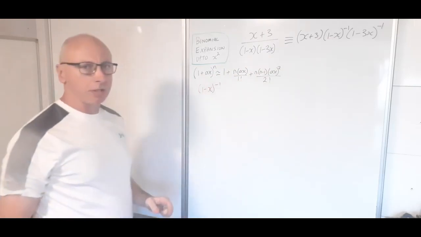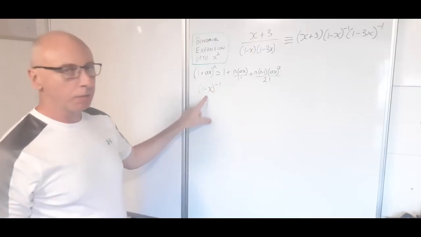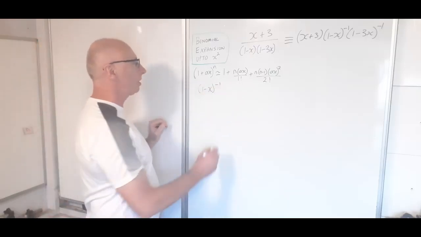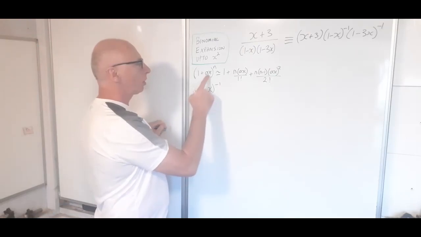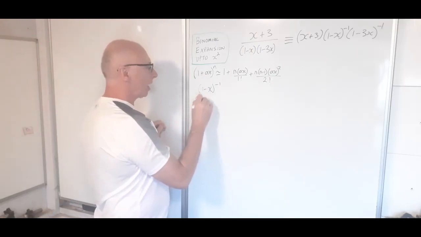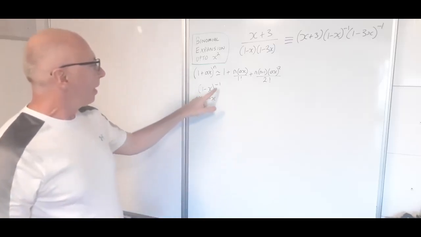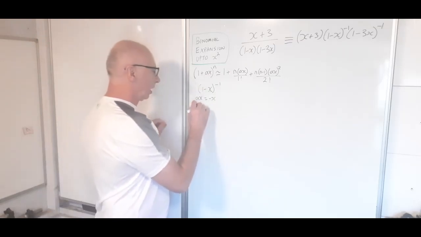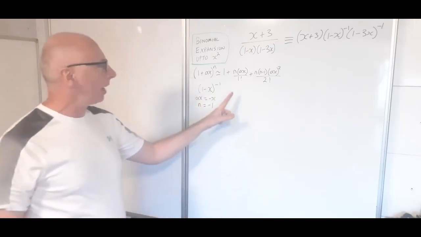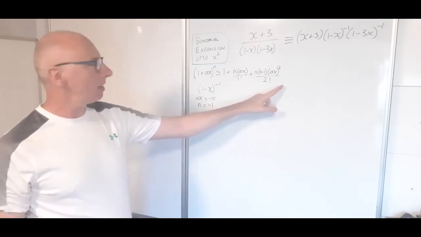Quite a famous expression this, but I'm going to show you how it's derived from this. So here, looking at this, what's my ax? Well, my ax is minus x, so use that. Then my n is minus 1. And all I've got to do now is plug those numbers into there.